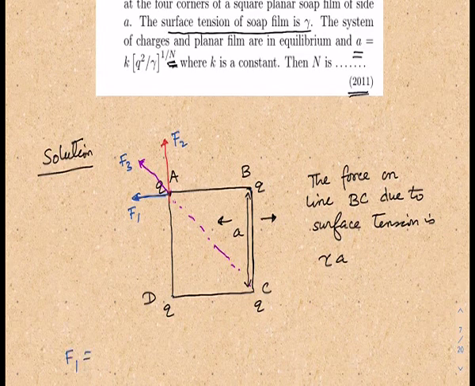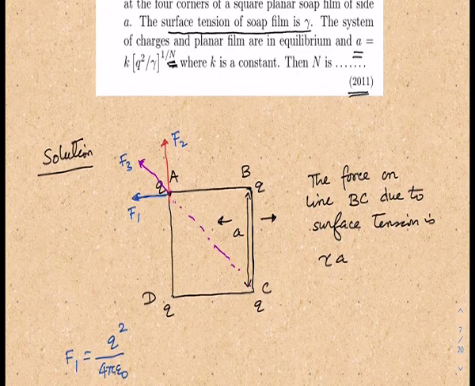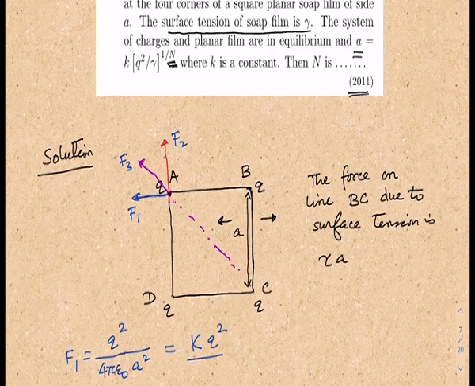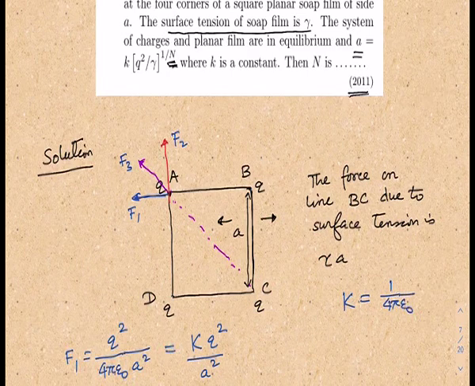Now F1, due to B, is q squared divided by 4 pi epsilon 0 a squared, which for simplicity I can write as K q squared by a squared, where capital K is equal to 1 by 4 pi epsilon 0.